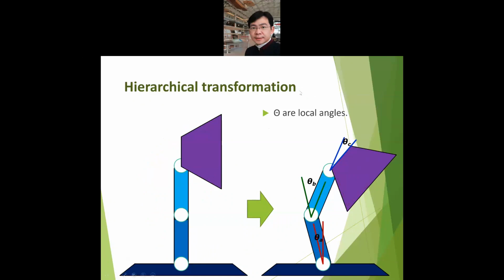Okay, so we have to find the transformation for each individual component. The first step is for the dark blue one. It will be really simple because what you want to do is only R theta a, right?